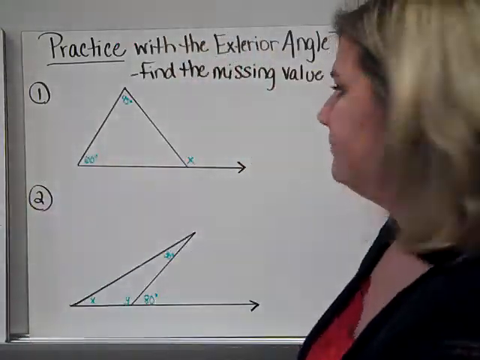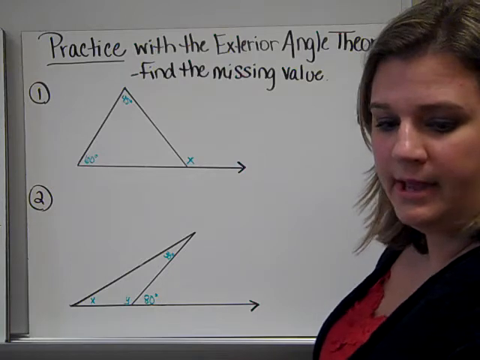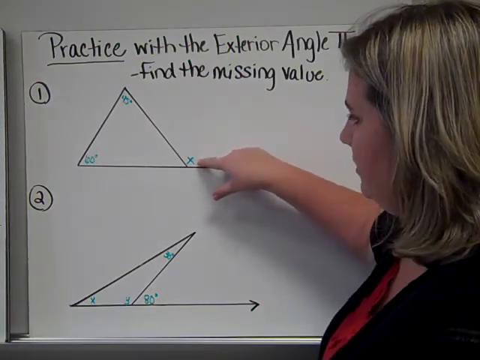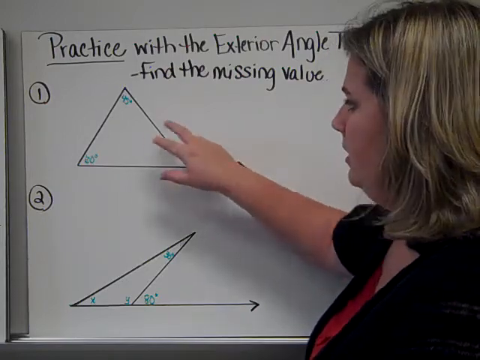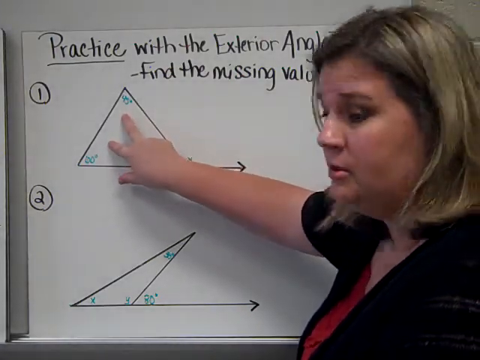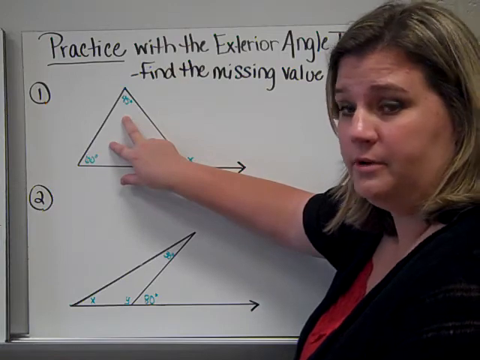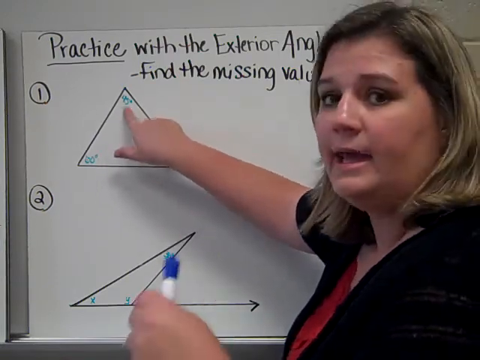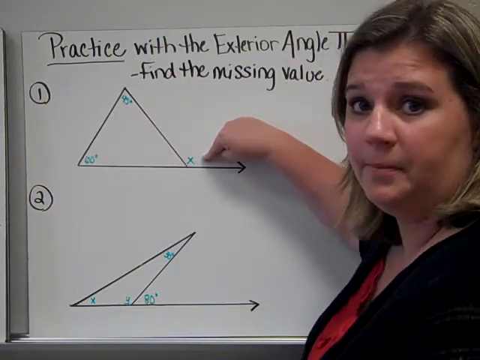So let's practice that. Now, finding the missing value. Here is our exterior angle. Here are my two remote. So what did we just learn? These are my two remote interiors, so I know that both of them add up to this right here.